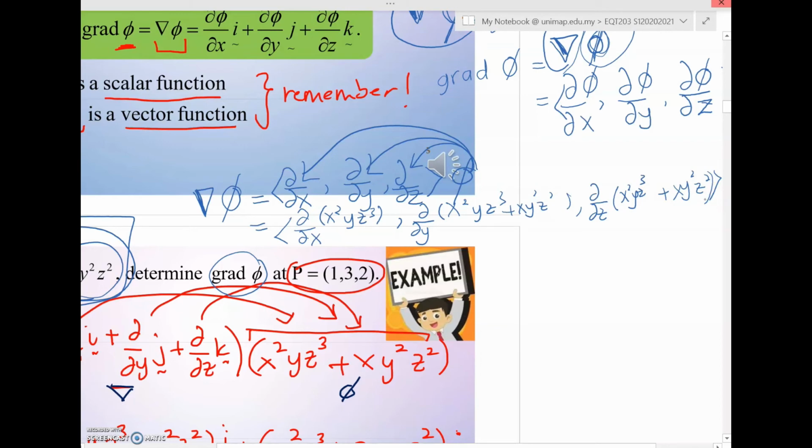So this means that you want to differentiate phi with respect to x.